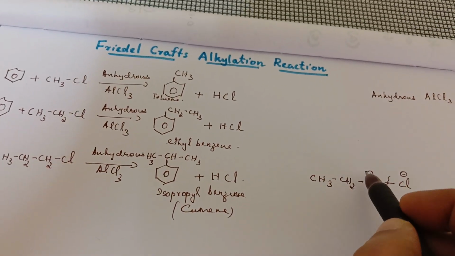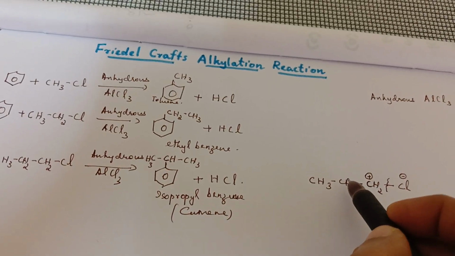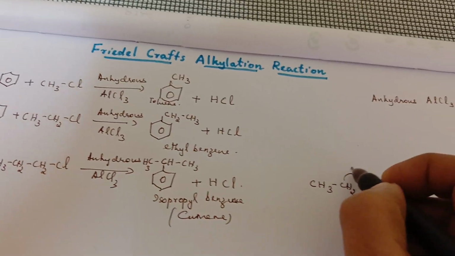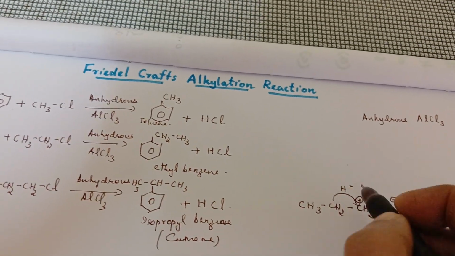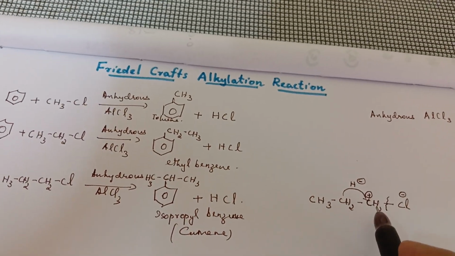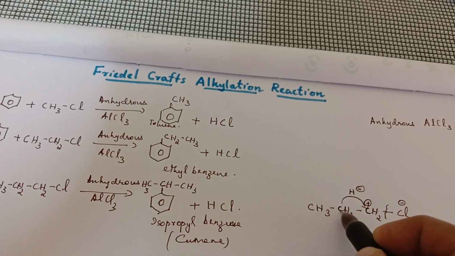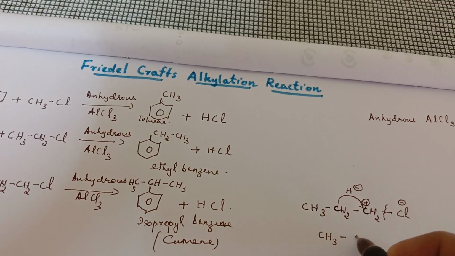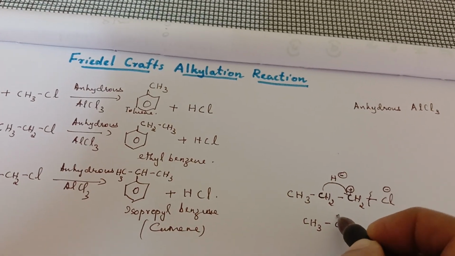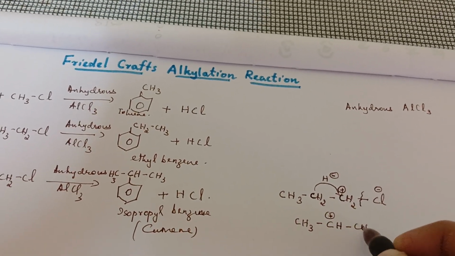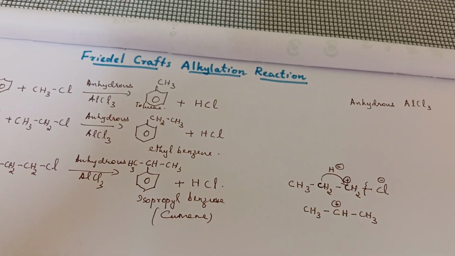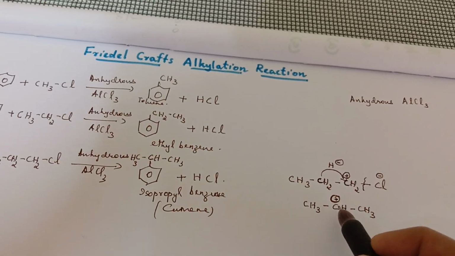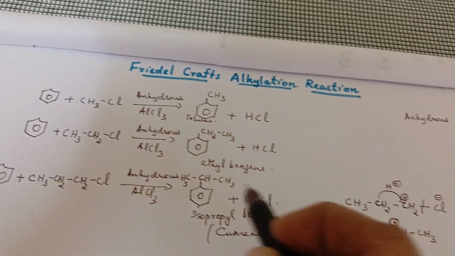So a change has occurred here. One hydrogen from here has shifted to this carbon in the form of a hydride ion, H-, and that has created a positive charge on this carbon. So the carbocation has become like this. And the attachment to the benzene ring took place at this point.